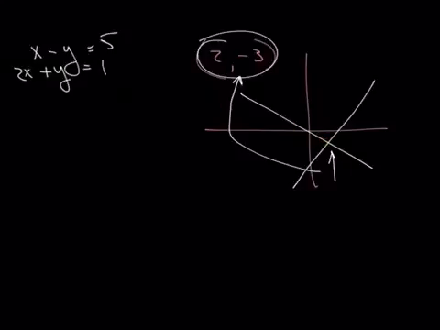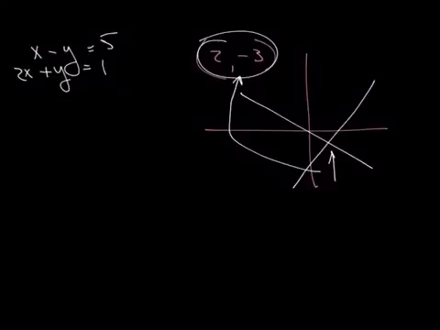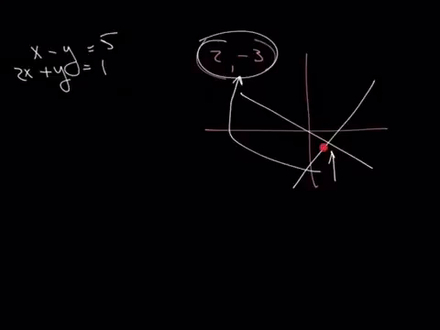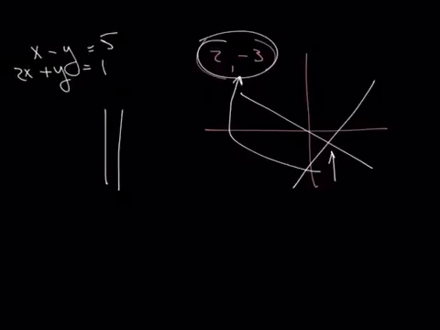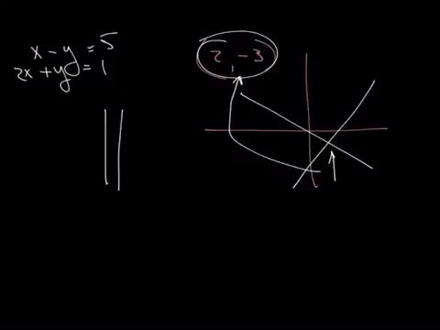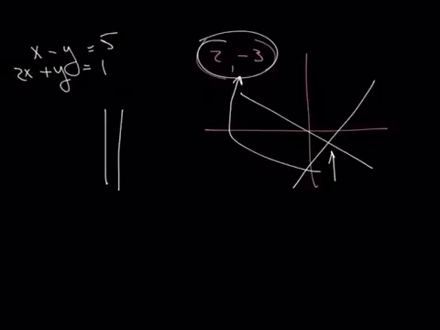So we have three different options for answers. They either cross in one point, they cross in no points because both equations are parallel to each other, or, when you draw one, the other one lies on top of it, which means the lines are the same, the lines are identical.